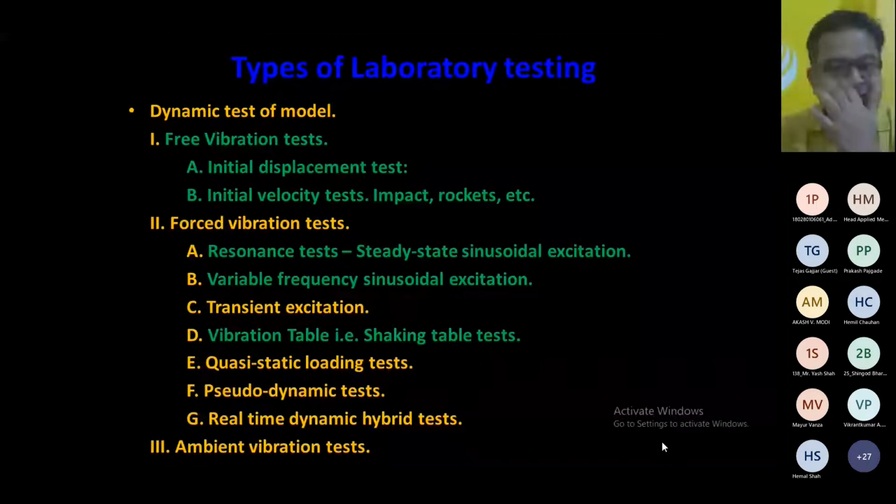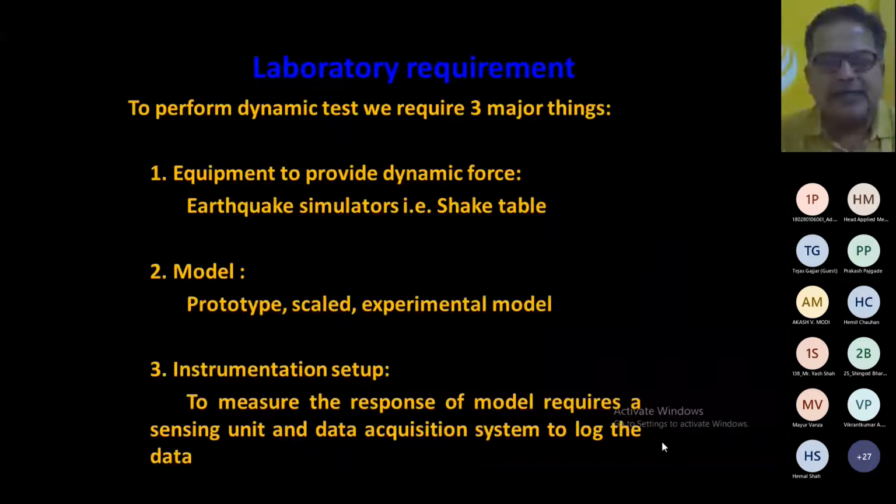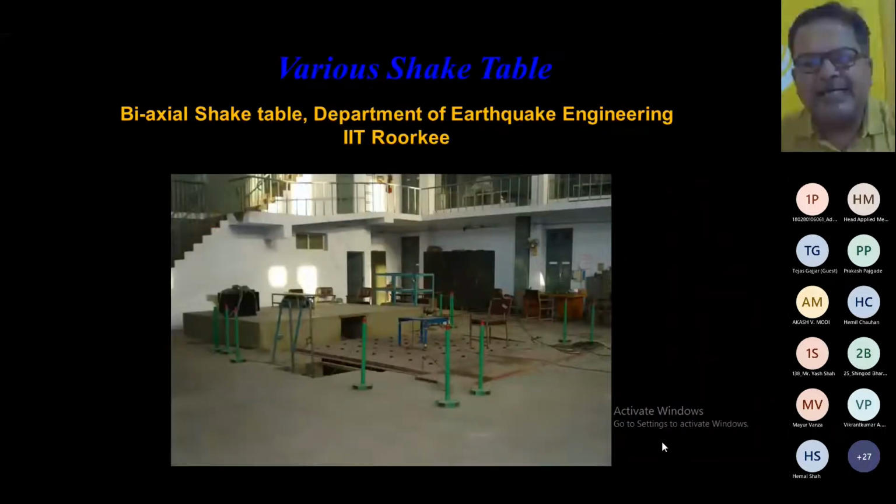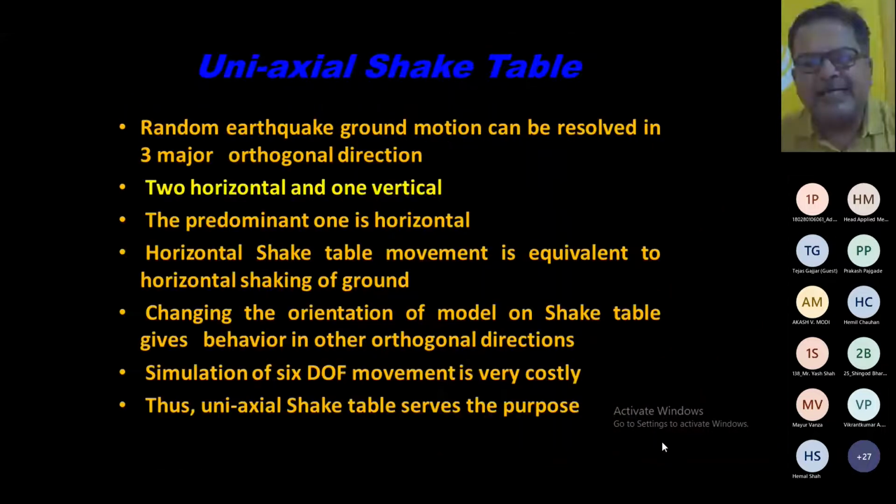We said that there are three things we require: shake table, model, and the instrumentation setup. And this is the shake table we discussed in the last lecture. We have different shake tables available, and we said that there are 6 degrees of freedom as far as a shake table is concerned. But the uniaxial shake table is sufficient to look at the behavior of the structure under lateral load, right?